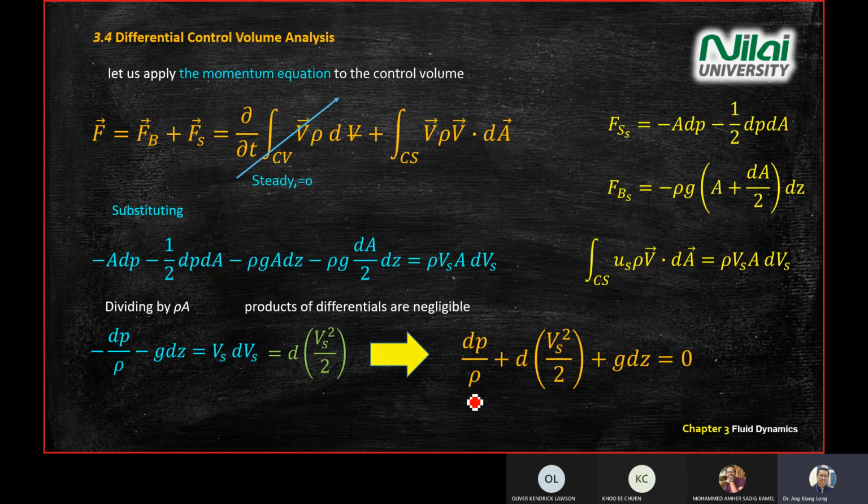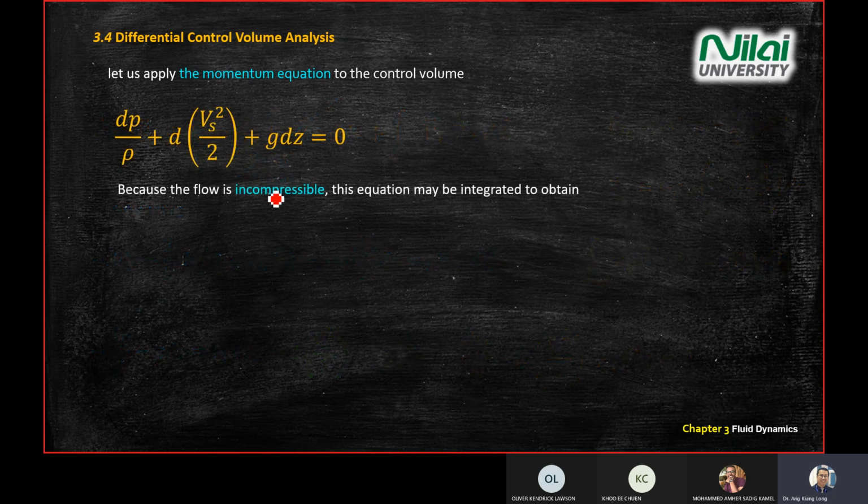So again, this is called the basic form of the Bernoulli equation. Then we will look at what happens when we have an incompressible scenario. When you have an incompressible scenario, you can integrate the equation from one point to another point.